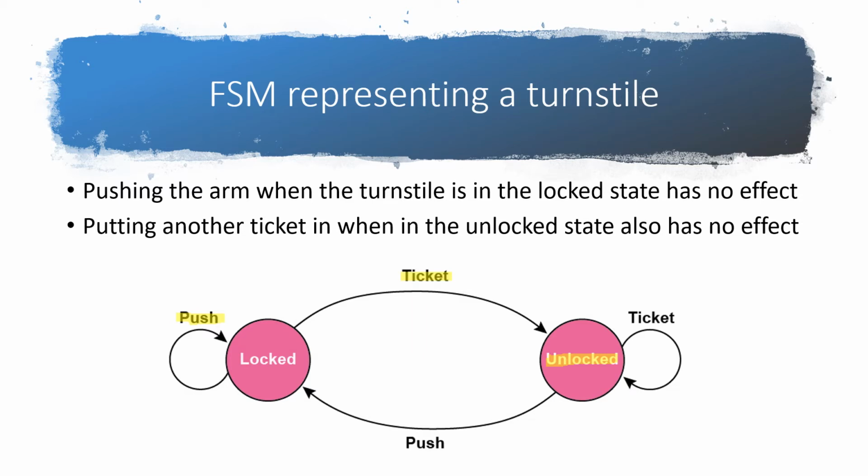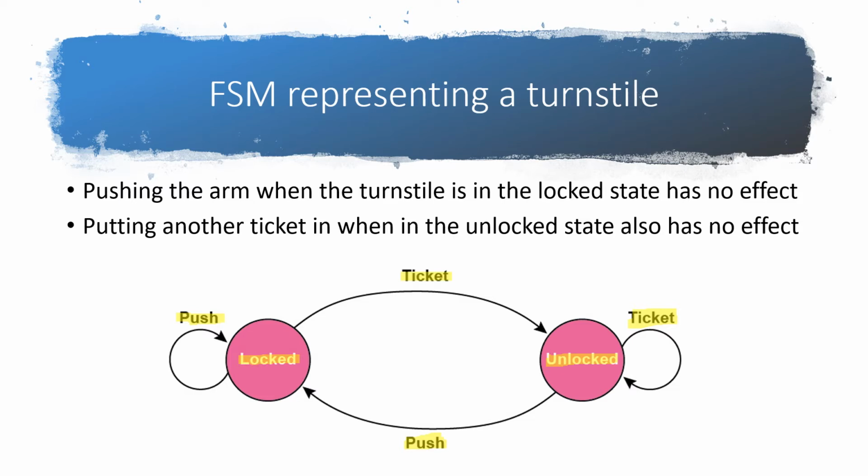And what can happen at this particular state is that the person trying to get through the gate can keep giving us the ticket, right, which will keep it in the unlocked state. But as soon as the person pushes the barrier forward, it will go back to being locked again.